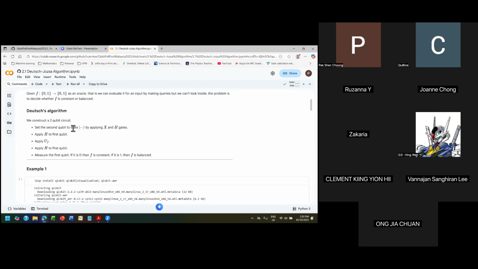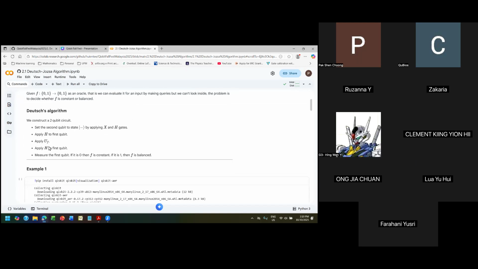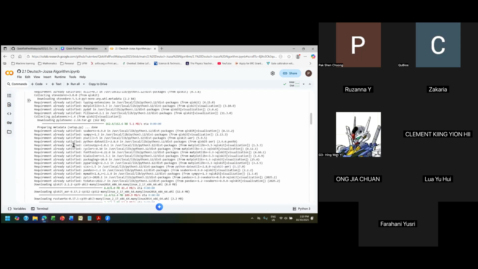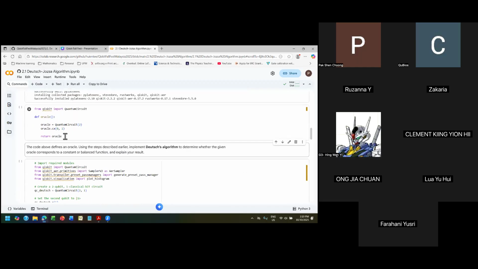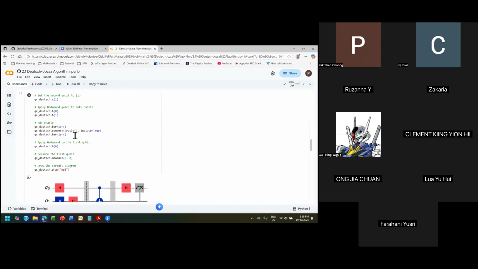The oracle is a unitary matrix. Because we have defined it over here, the function's name is oracle. It uses qc.compose(oracle, inplace=True). So this line basically adds the oracle.